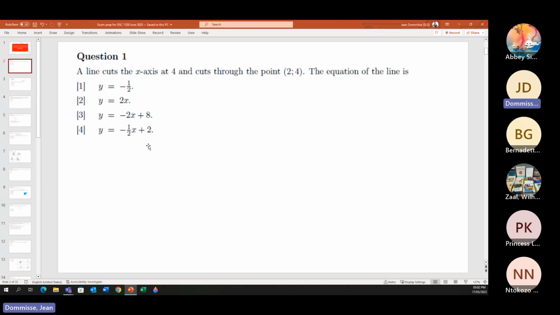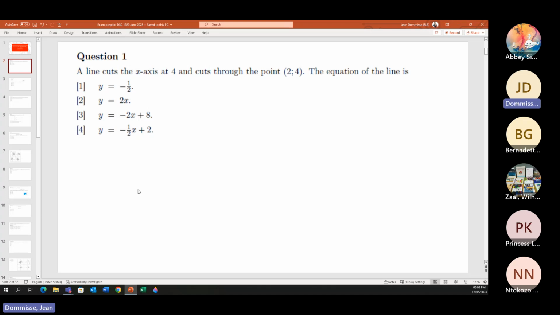The first question that we're going to work through is basically looking at straight lines. It is the first part of your study units.